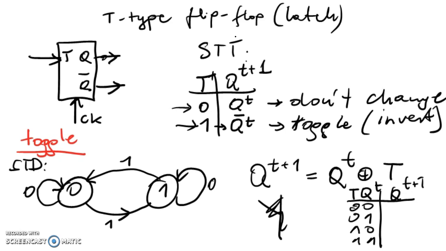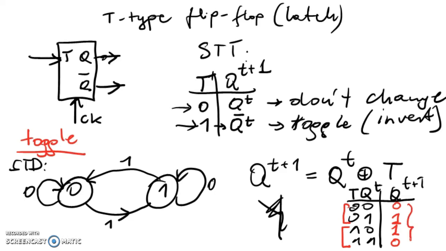And you know that if you've got 0 on T, the same state you expect to have after clock, but if you have 1, you expect the inversion. And this is the truth table for XOR gate of two inputs.